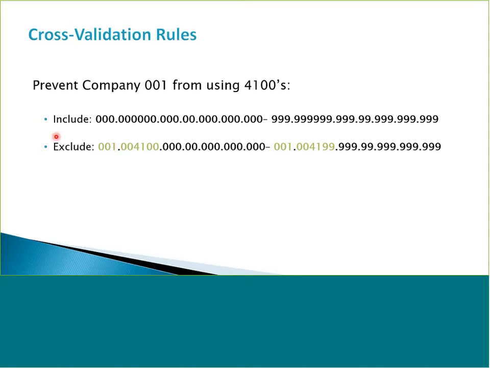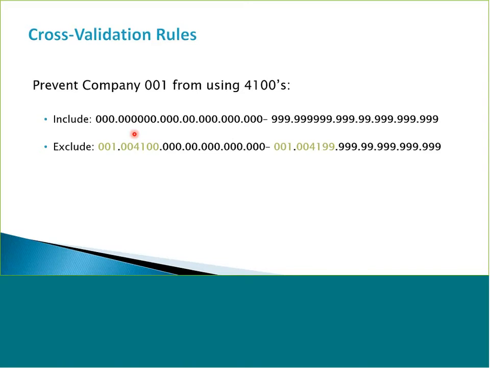The first step is to include everything, include every possible combination, which is the range from 00 to 999 for every segment. So this is every possible combination in our chart of accounts. Okay. Then the next step is to define the ones that we don't want to be used. So we don't want this range of accounts to be used by users. And what remains are the valid accounts.